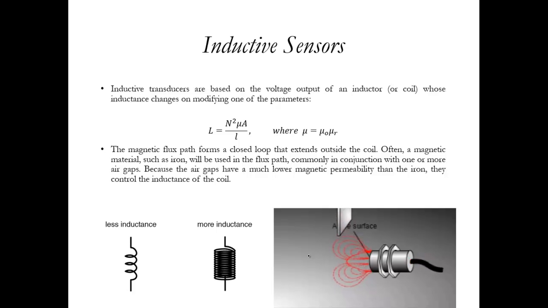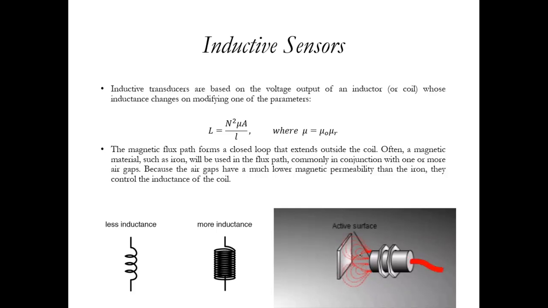So this is how it looks like. We have a conducting plate that comes near to this sensor, and then as it moves, it decreases the air gap between the sensor and the conducting plate, so we can measure the displacement of this conductive plate. What happens is, as it moves near to the sensor, we have change in the inductance of the coil. We can say the magnetic flux changes because of change in the type of the core, because we're putting a ferromagnetic material near to this.